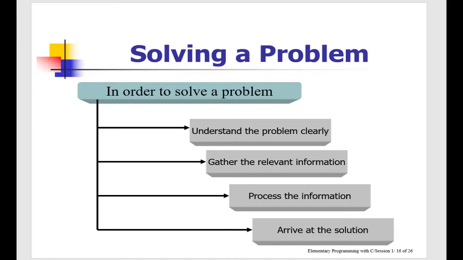But once everything has been clearly understood, then it's very possible to come up with a solution. Once you understand the problem, you need to gather the relevant information, process that information, and then you can arrive at a solution.